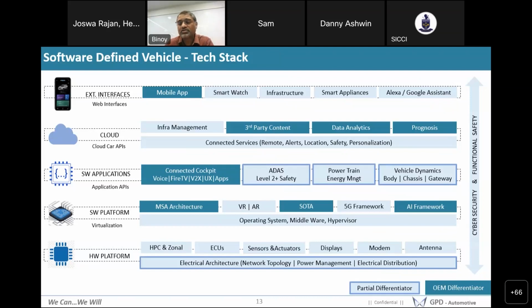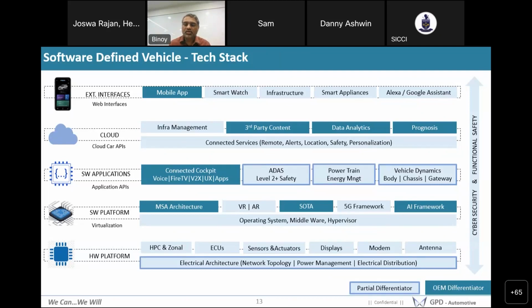All of that runs on a hardware platform, which I spent a little extra time on earlier. This is not only electronics and SOCs. There are also a lot of sensors, displays, and multiple modems. All of that comes in as the hardware platform. Then there is electrical architecture and network topology. There's huge activity needed in creating the right power management.